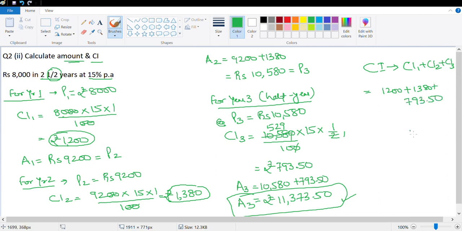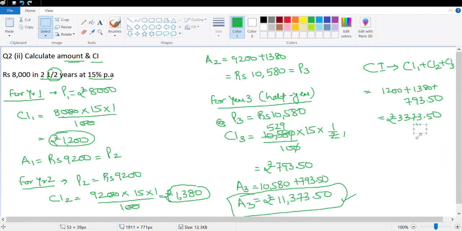Let's add 1200, 1380 and 793.5. That's 0.503. 9 plus 8, 17. That 10, 12, 13. And this is 3. So this is 3373 rupees 3373.50. That's method 1, where you add the 3 compound interest.